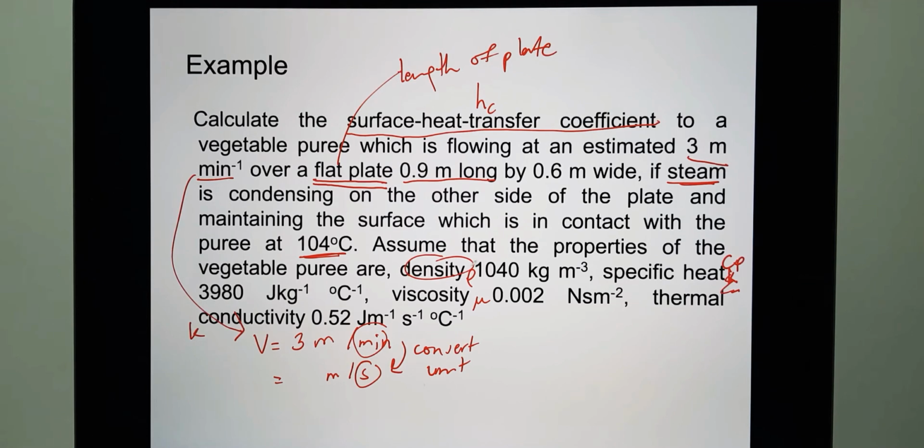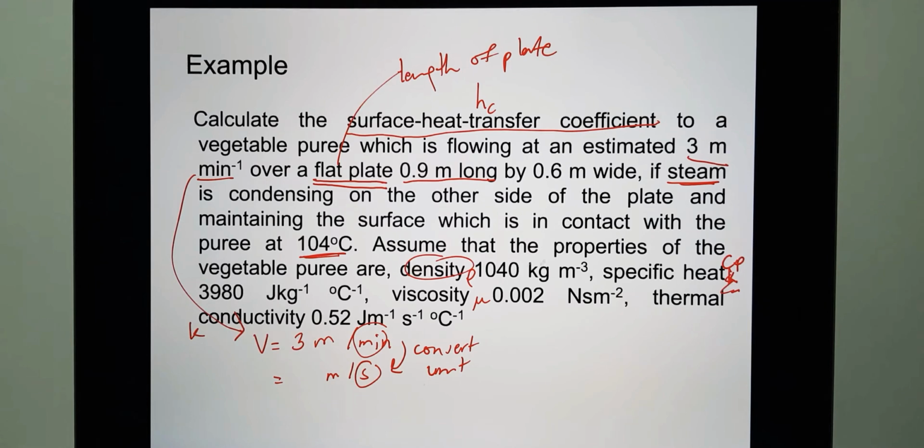So you need to know that density is denoted by rho and viscosity is mu. I have experience with previous students who mistakenly put the density value as mu and the viscosity value as rho. When you put these into the equation for the Reynolds number, Prandtl number or Nusselt number, it will be wrong because you have mistakenly swapped the values given to you.